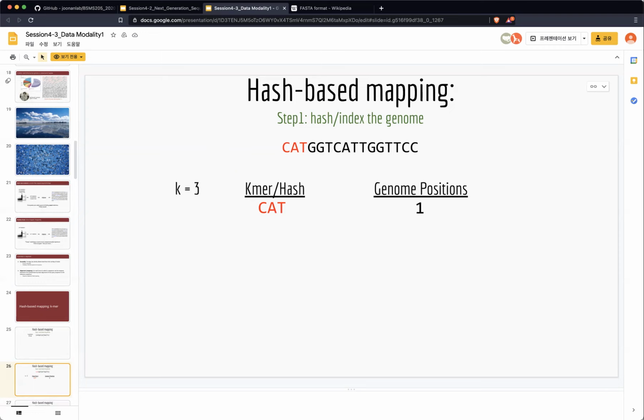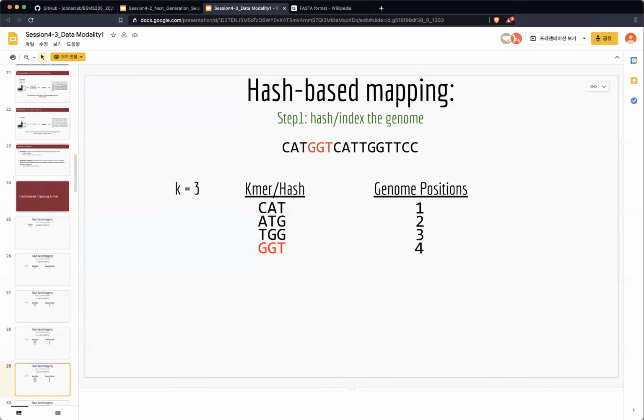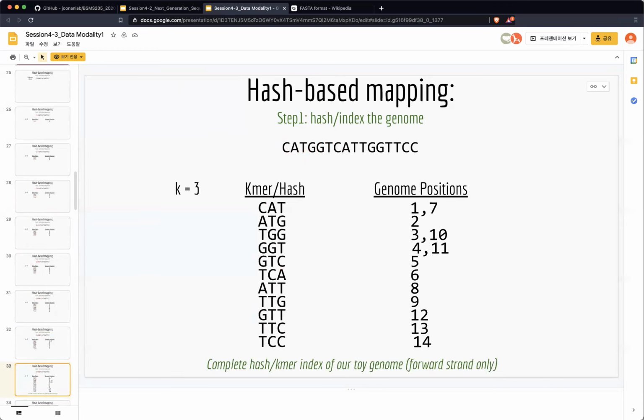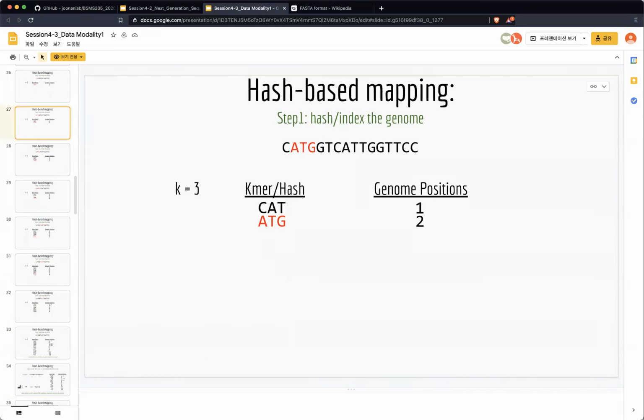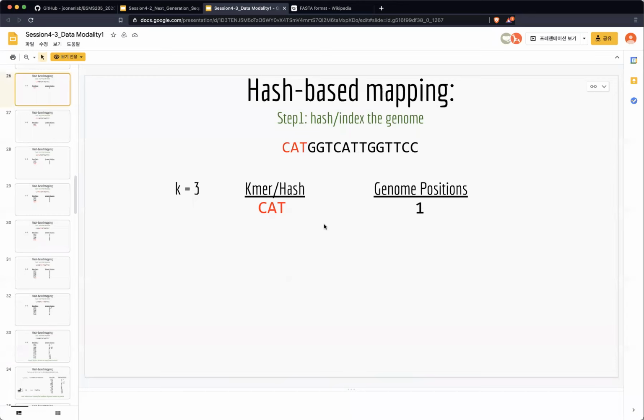One possibility is CAT, and the second one is ATG, TTG, GGT, and so on, and all of these lists, right? Then you can identify which positions these items come from.